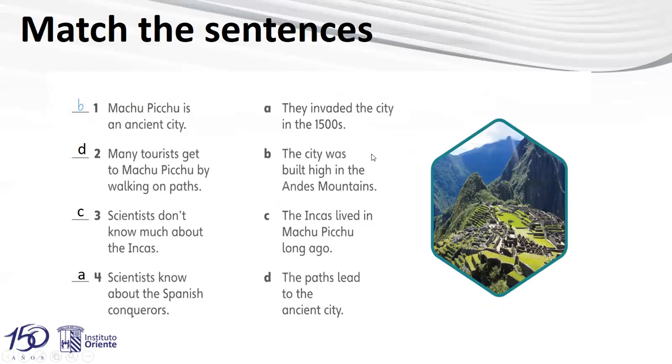Okay. Match the sentences. Machu Picchu is an ancient city, so the city was built in the high Andes. Okay? So you only have to notice the complement here. Many tourists get to Machu Picchu by walking on a path. The path leads to the ancient city.